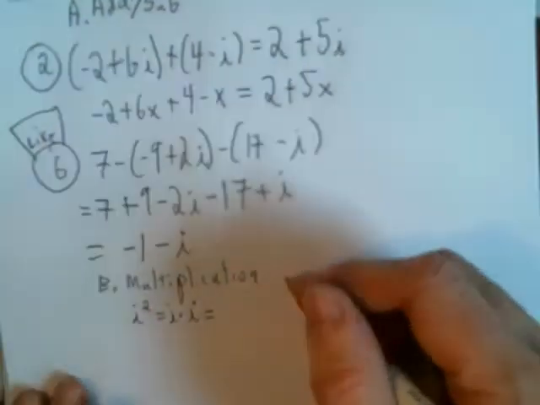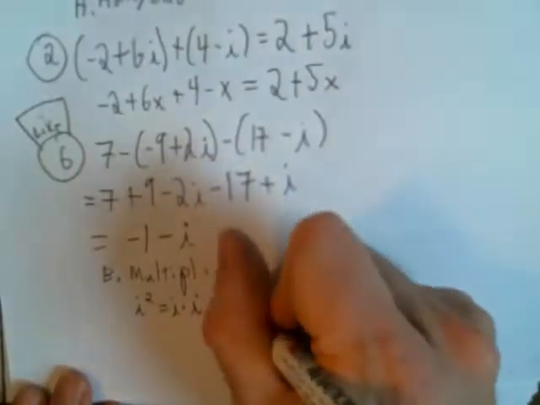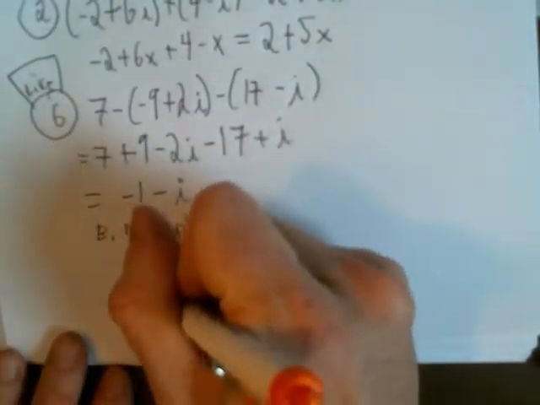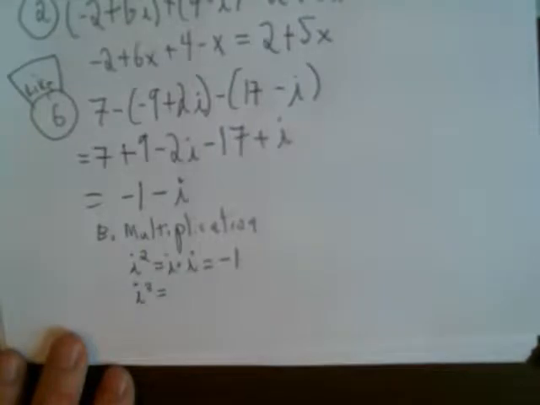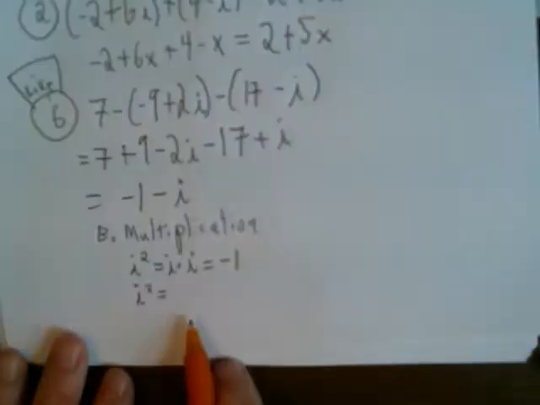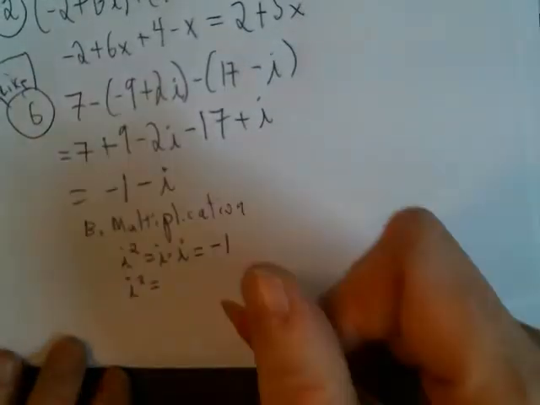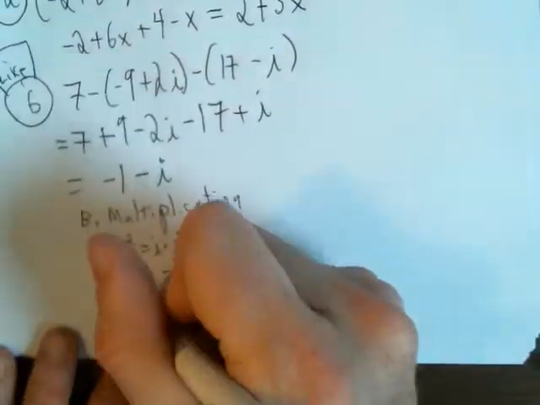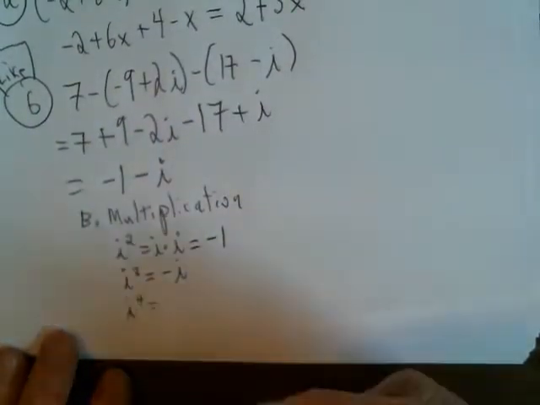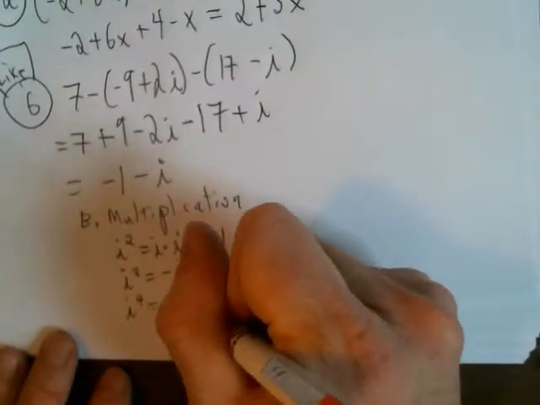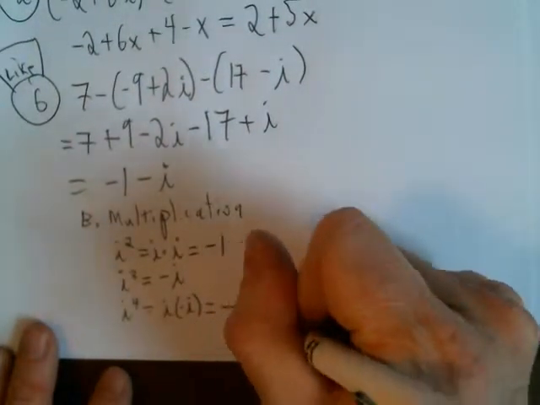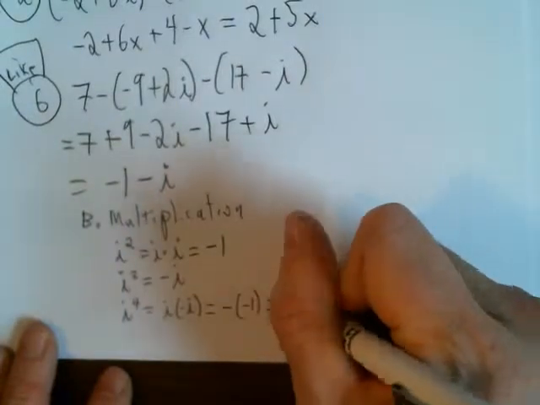Then you reduce any power of i. i cubed will be i times i squared, which is i times -1, so this would be -i. i to the 4th is i times -i, which will be -(-1), which is 1.